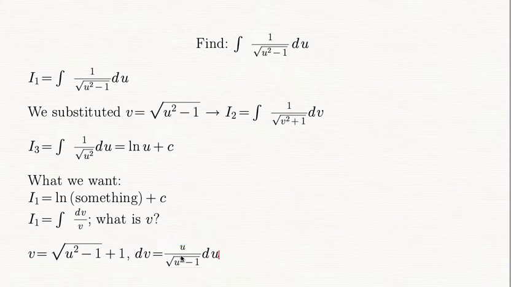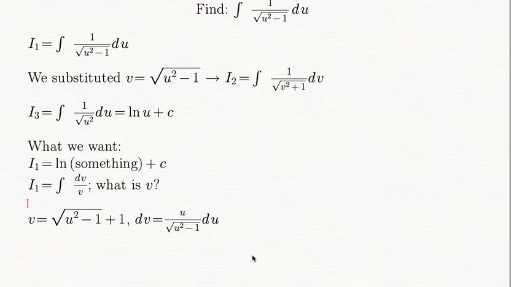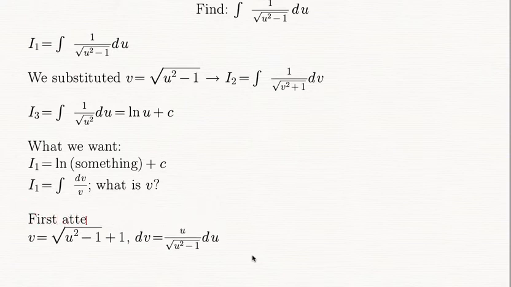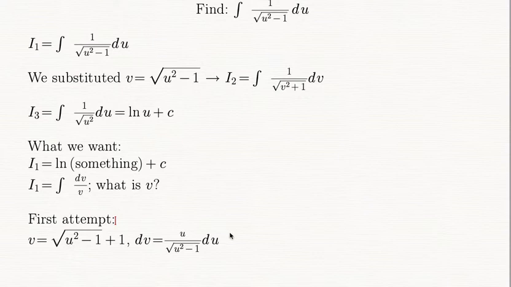And this, we remember, was the source of the problems in I2. So just by placing a plus 1, a constant, this is not going to help us. We also see that dv has a u by square root of u squared minus 1. So the next natural attempt, let me call this the first attempt, it actually is the second attempt after this one. So, second attempt.